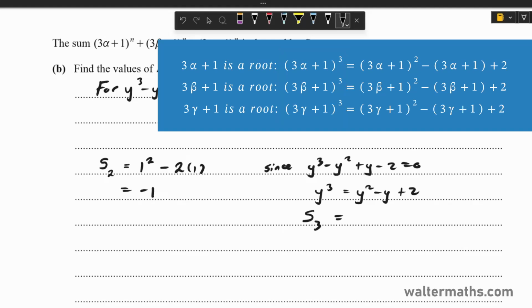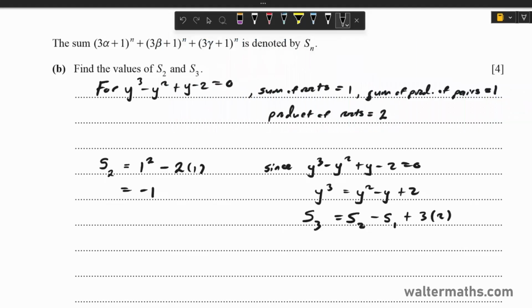And if we add this up, we get sum to 2. And adding this up, that's minus sum to 1, and it's plus 3 times 2, which is 6. Alright, so to get sum to 3, we are saying sum to 2, which is minus 1, minus sum to 1, which is the sum of roots here, that's 1, and it's plus 6, which gives us 4 for the answer. So that's the answer right there.